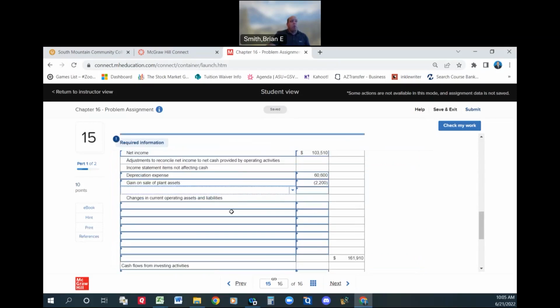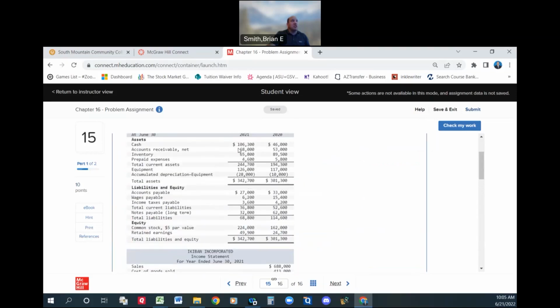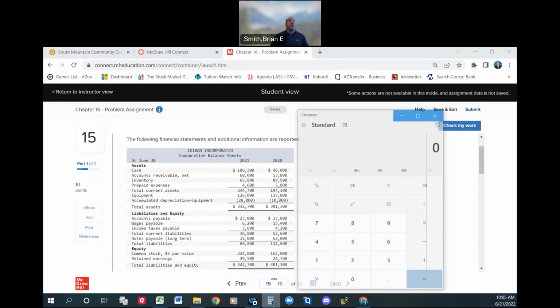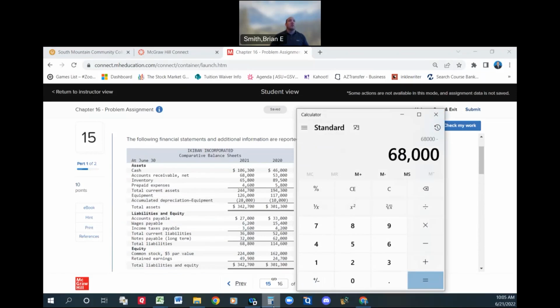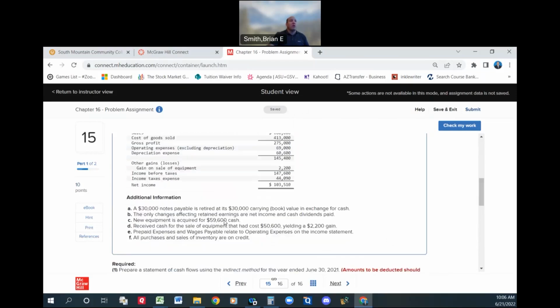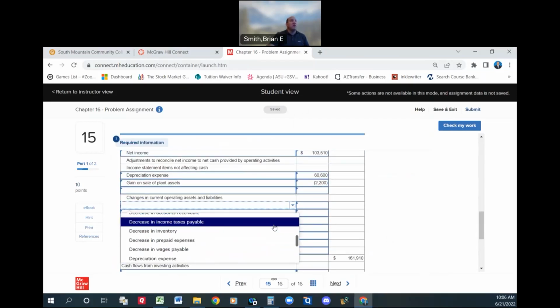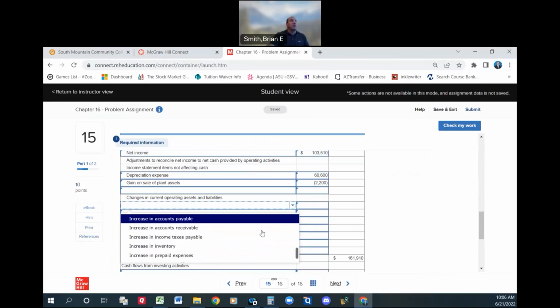So we did that. Now we got changes in current operating assets and liabilities. Let's come up here and check this out. Let's start at the top. Cash, that's what this statement's doing. Accounts receivable, and it looks like we increased by $15,000. Let's come down here. Increase in accounts receivable.